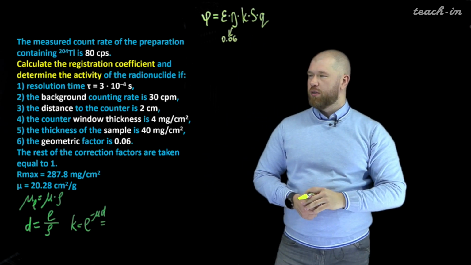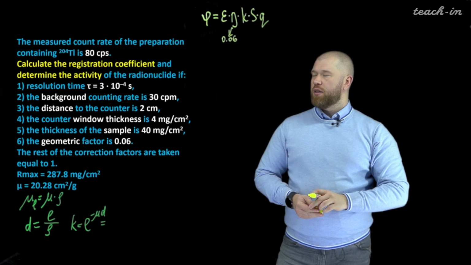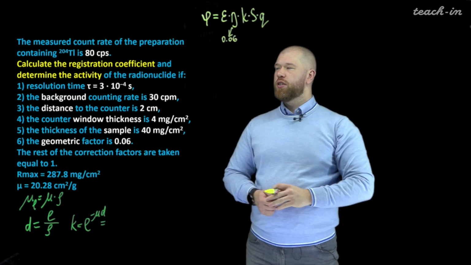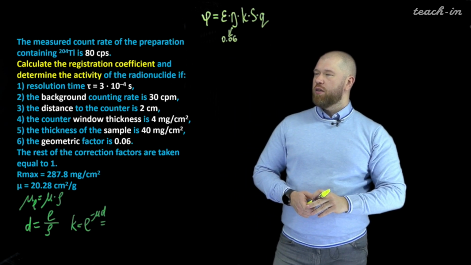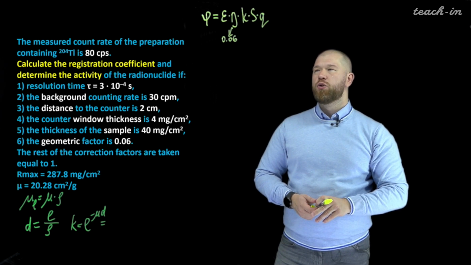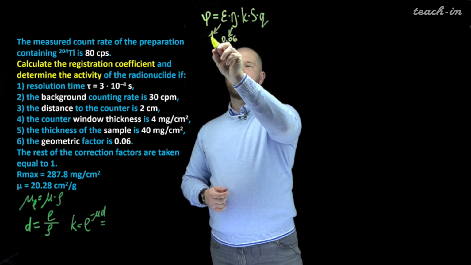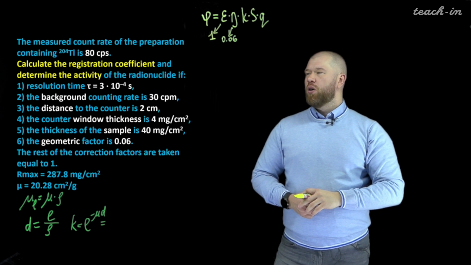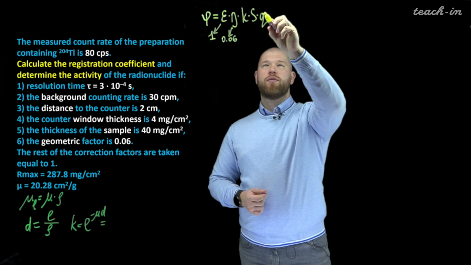Okay, it is easy. Then there is nothing said about the detector efficiency, but there is information that all the rest of the correction factors are taken equal to 1. It means for us that this efficiency is equal to 1. Also, there are no numbers for the backscattering factor.